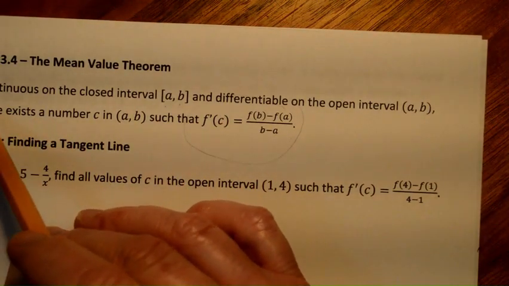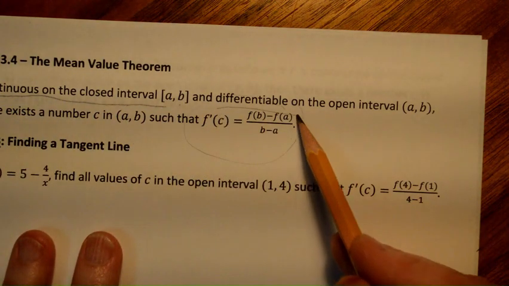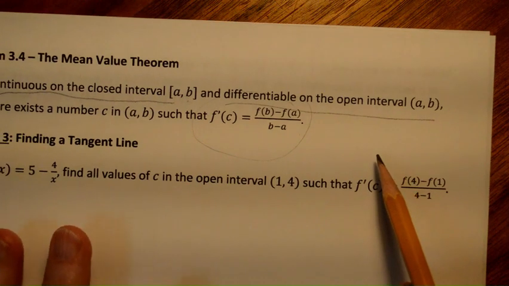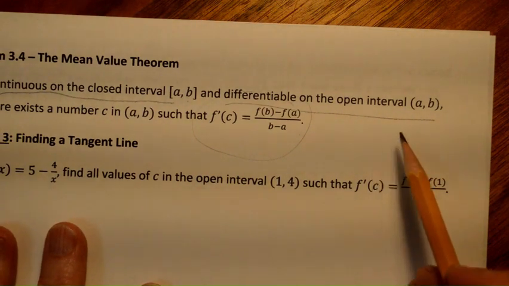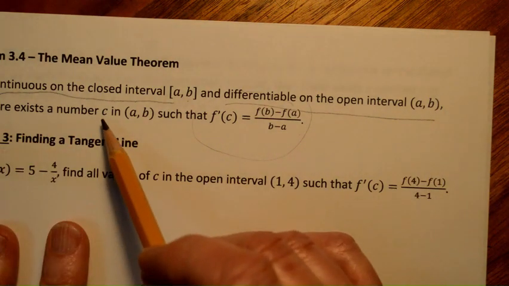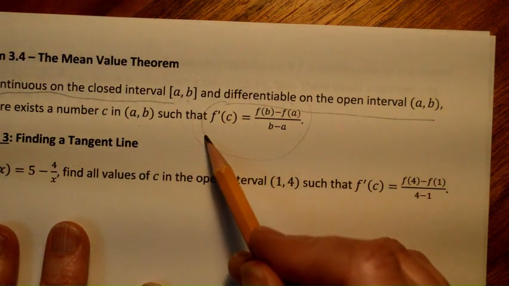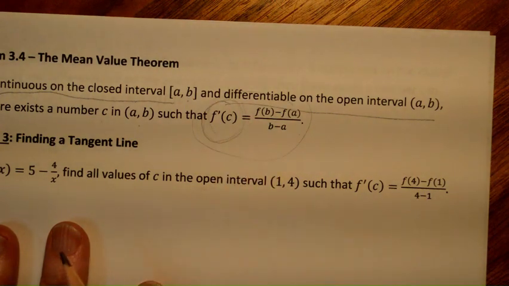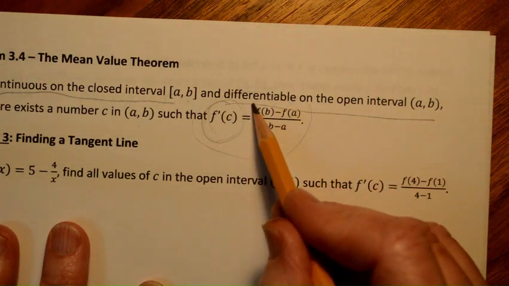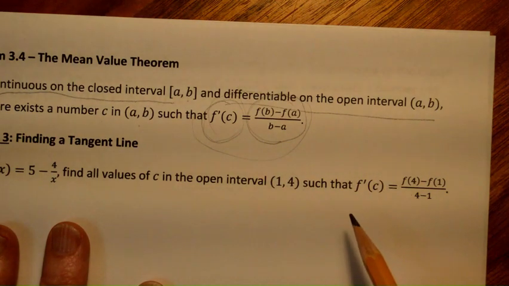All right, so again, f has to be continuous on the closed interval. It has to be differentiable on the open interval, same as Rolle's theorem. But again, it does not require f of a to equal f of b. And what it says is there is a number, c, in that open interval such that the slope of the tangent line at c is equal to the slope of the secant line that goes through a and b.